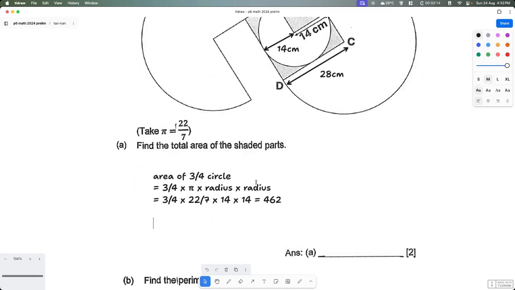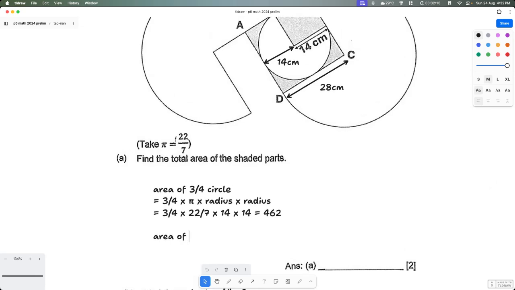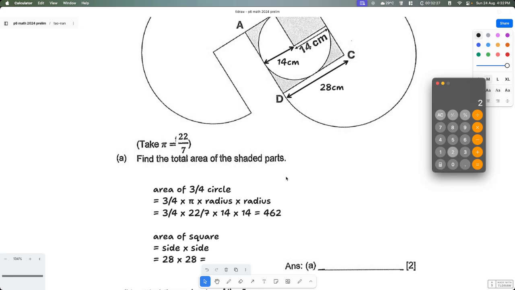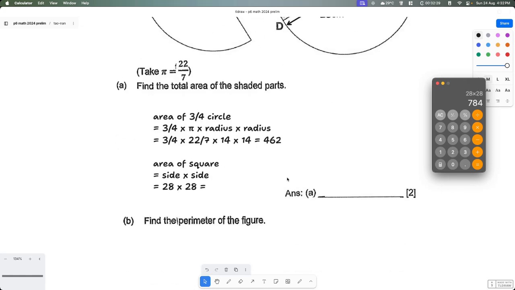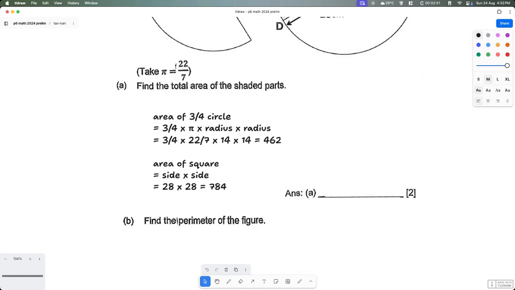And then after that we'll get the area of the square, which is basically side times side, which is equal to 28 times 28, 784. So the shaded area is equal to 784 minus 462.